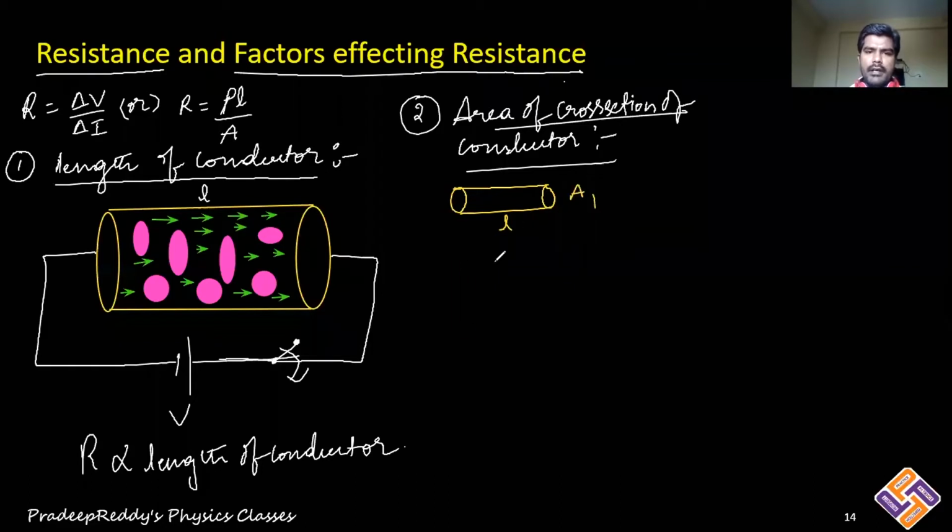I am taking another conductor of same length L, but area of cross section here is A2. Length of the conductor is constant, area of cross section is varied. A1 and A2 are the two areas of cross section.